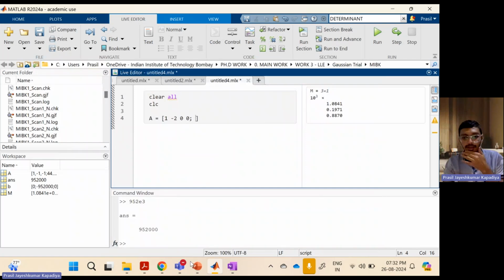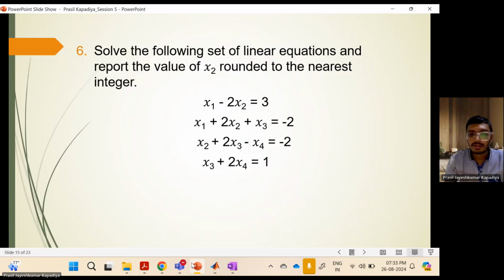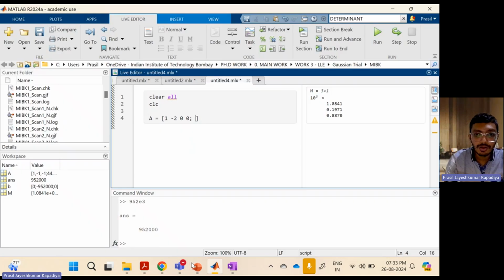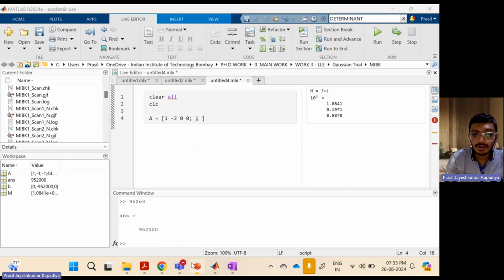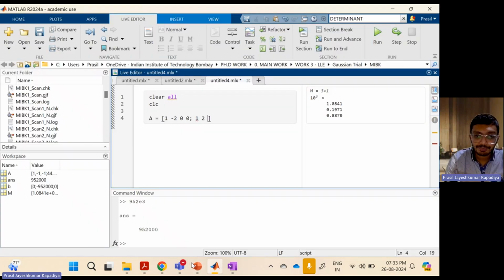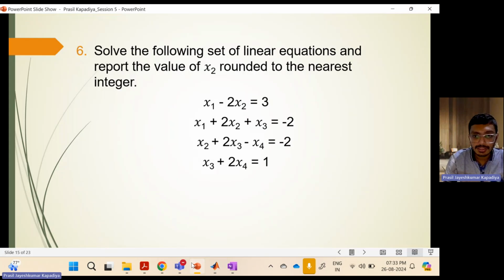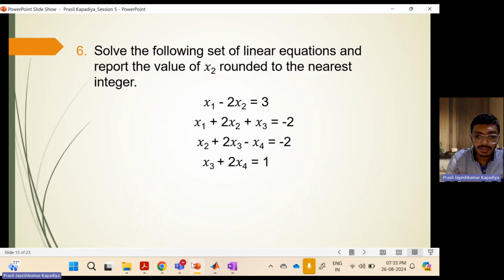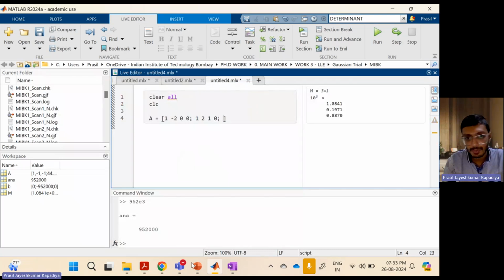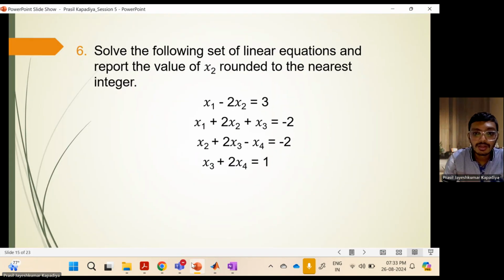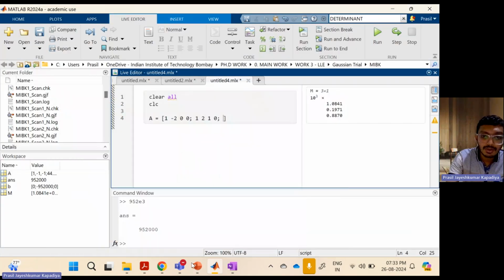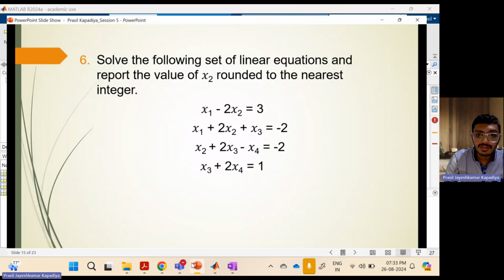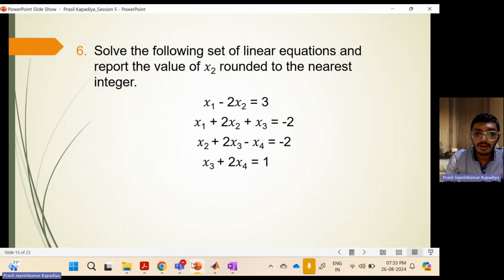Correct? My second equation: the coefficient of x1 is 1, x2 is 2, x3 is 1, x4 is 0. Now my third equation: the coefficient of x1 is 0, x2 is 1, x3 is 2 and x4 is minus 1.